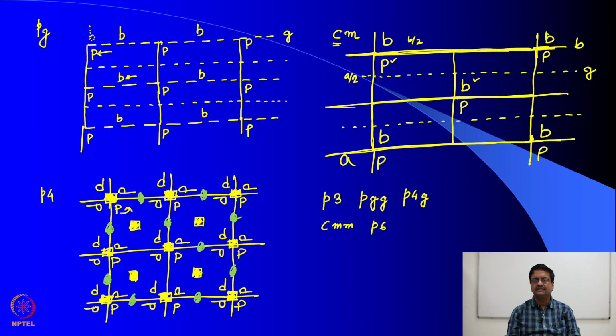And in case the object has a particular symmetry and that symmetry element coincides with the symmetry of the lattice, then only half or one third or one fourth of the object is possible to be in the asymmetric unit. So with this I conclude this lecture, and we will continue in the next lecture from here.